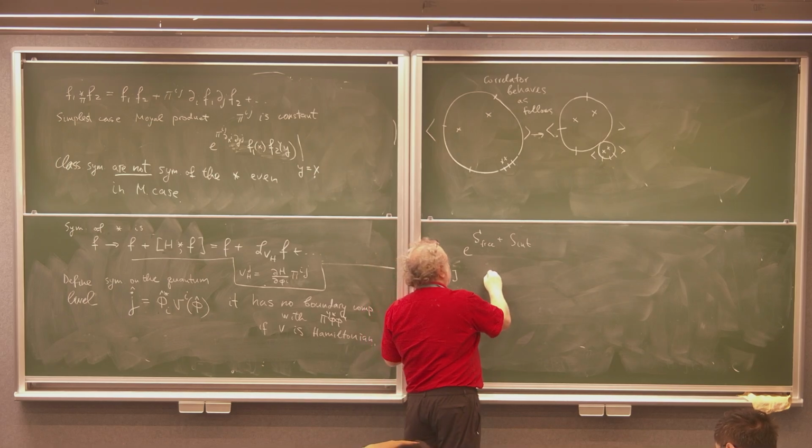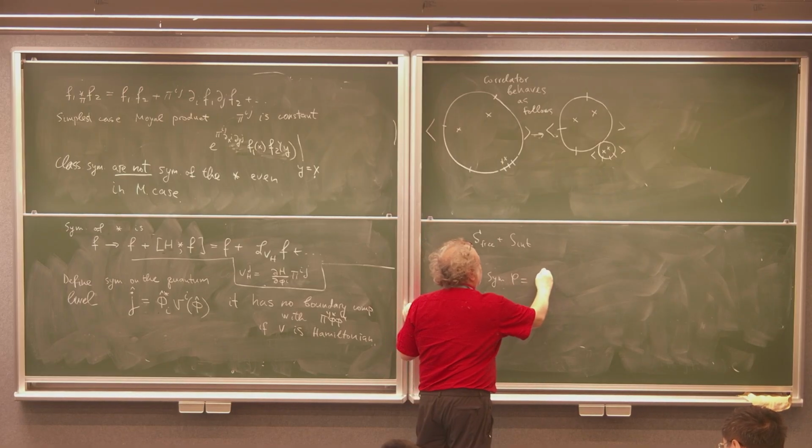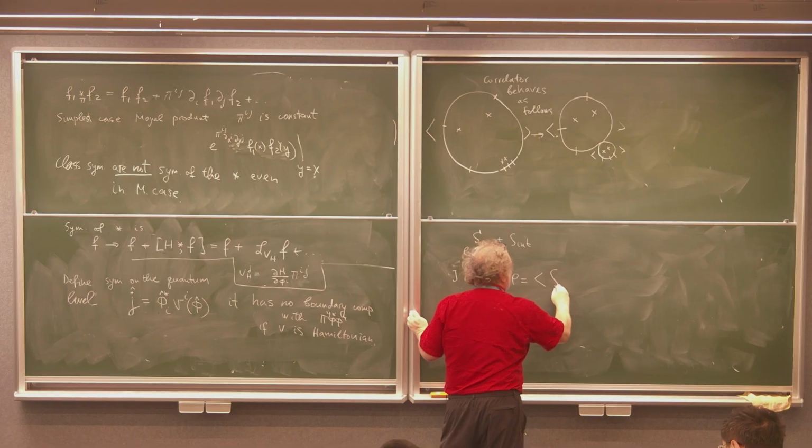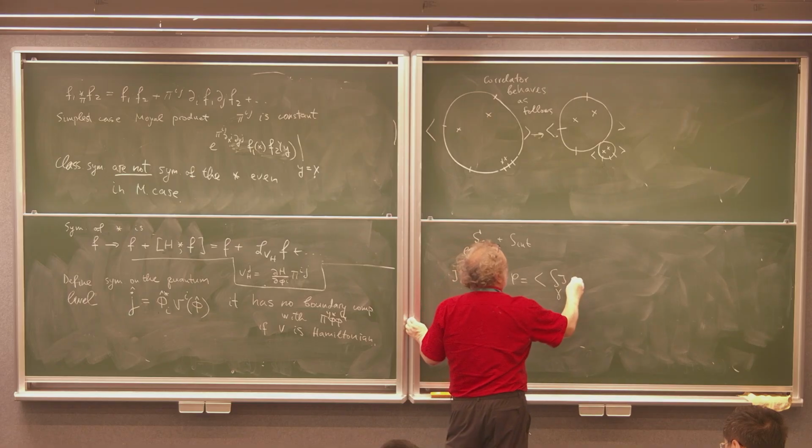And symmetry actually implies the correlator of the integral over the small contour. Here we put the current, and here we put phi.